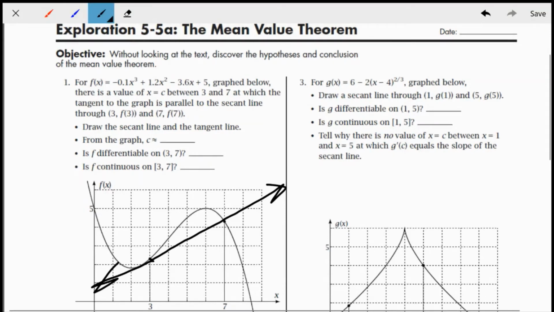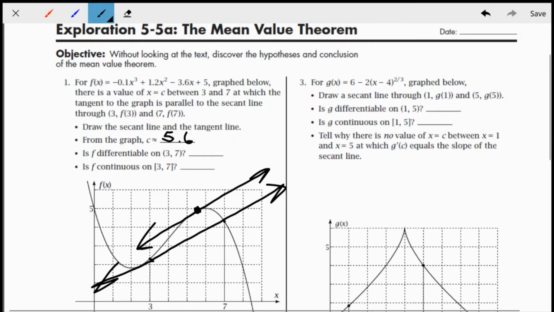And if you notice here, if I translate this line up, then out here, somewhere around here, it looks like I've got a point of tangency, and at that point, my average rate of change is equal to my instantaneous rate of change. So that happens at roughly 5.6.